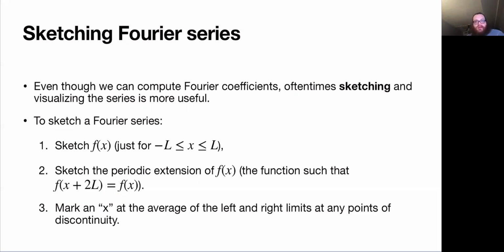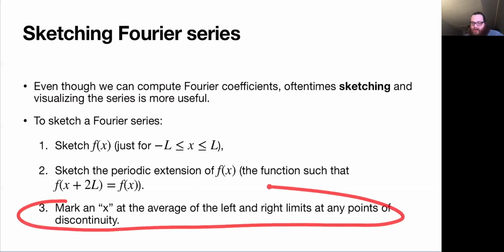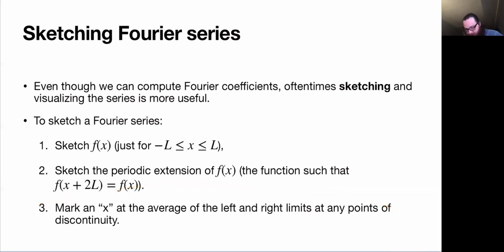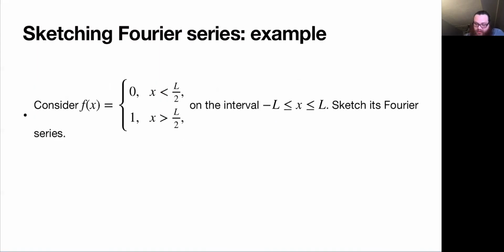The only thing that's missing is where this periodic extension is not continuous, where the jump discontinuities are. And so finally, we mark an x at the average of the left and right limits, because that's what the theorem tells us the value should be. Okay, cool. So let's see what that looks like one more time.